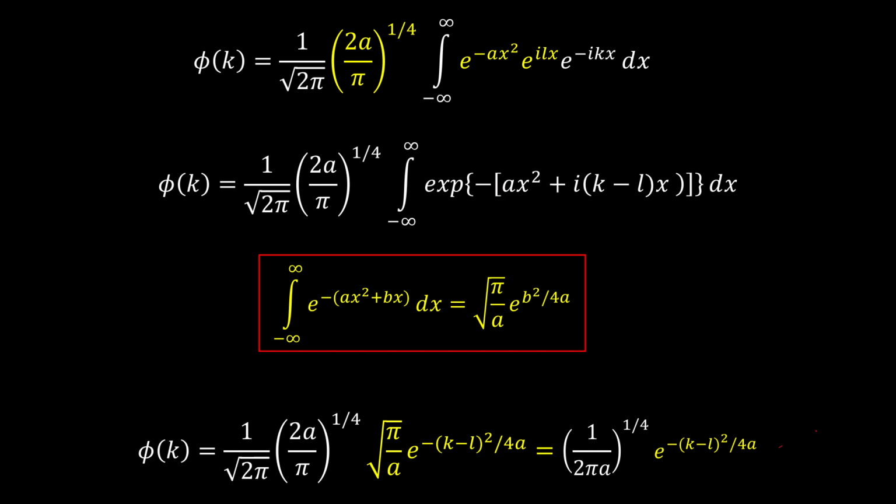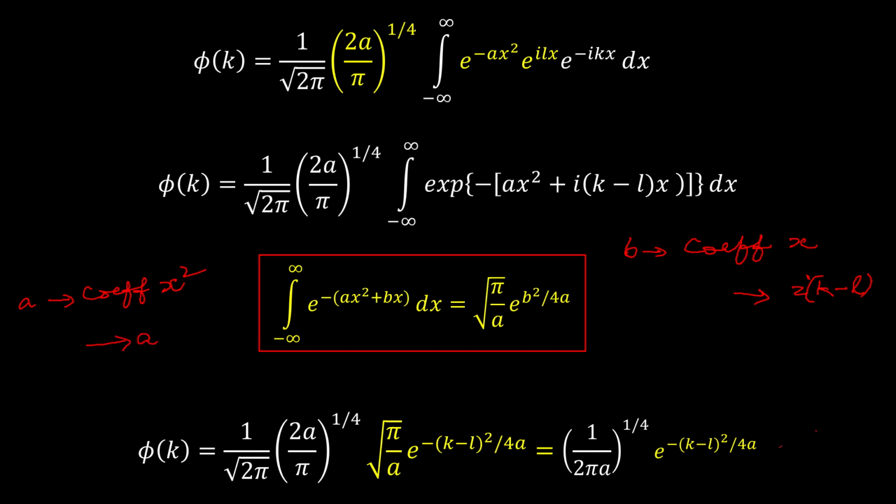Here p is the coefficient of x, which in our case is i multiplied by k minus L. And a is the coefficient of x squared, so here it is simply a.